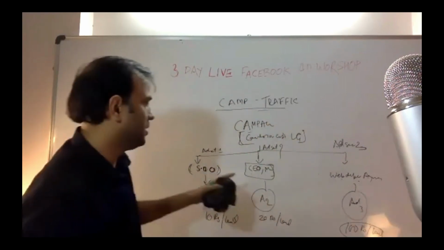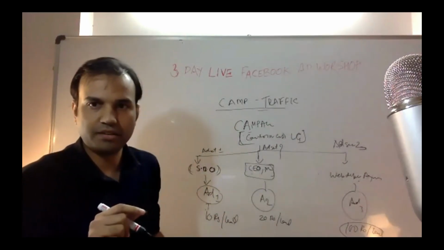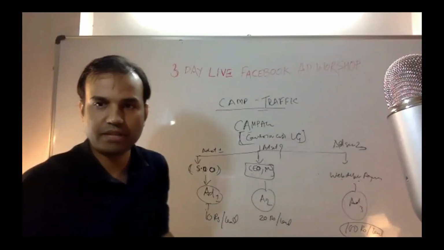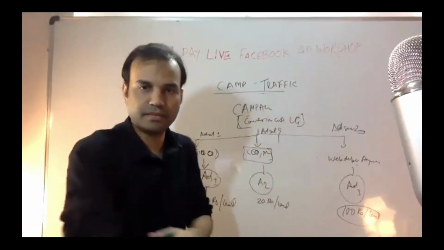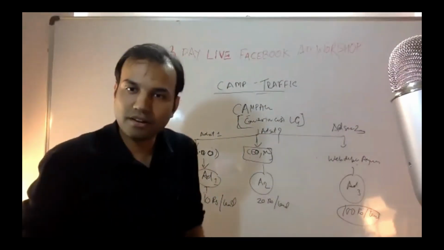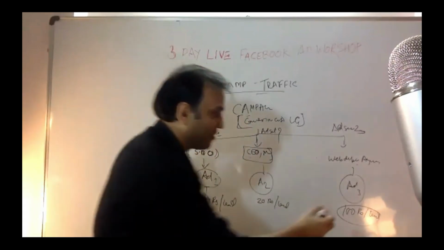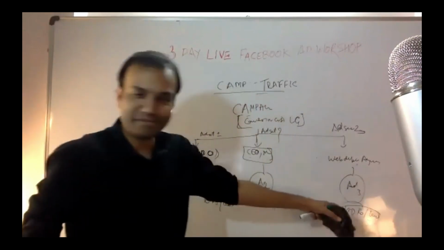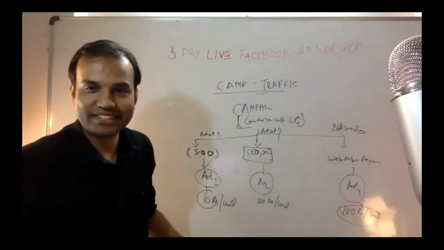Now tell me which one is giving me the best result. Who says third? You are giving 100 rupees per lead. Is this the best result, or is giving 10 rupees per lead the best?